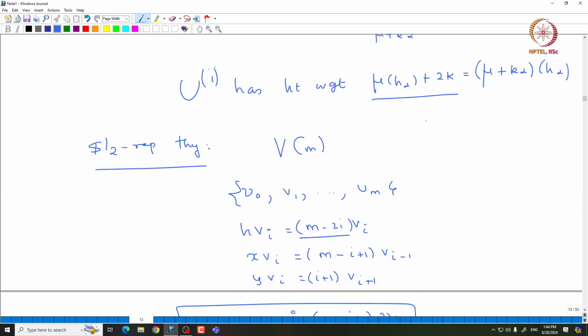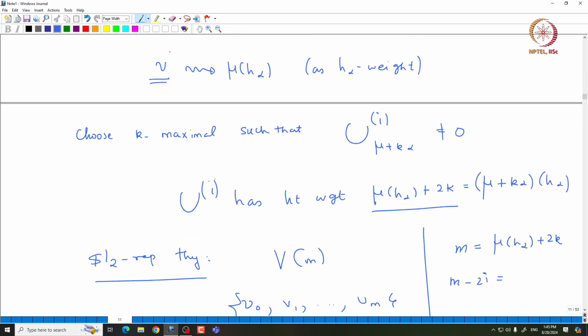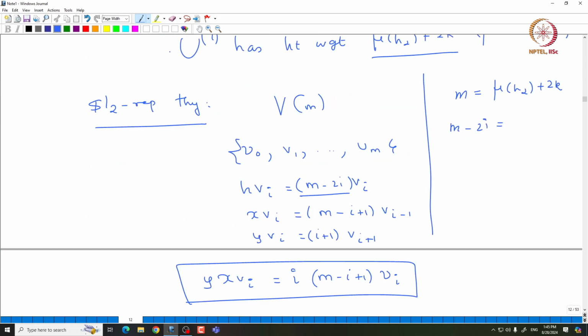If we do the similar thing here, we have m to be mu of H alpha plus 2k, which is the highest weight, and m minus 2i being the weight mu of H alpha. That is what corresponds to the chosen vector V inside this U I mu. So, m minus 2i is nothing but mu of H alpha. Now, if you do the calculation, you can easily see that mu of H alpha plus 2k minus 2i is nothing but mu of H alpha.